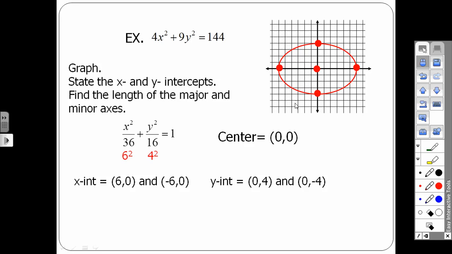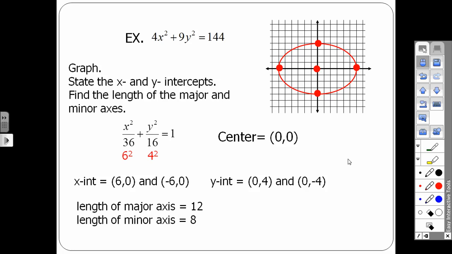Well, the major axis is the long one, obviously, and the minor axis will be the short one. To figure out these distances, you go from this point all the way to that point. Each of these was 6 units, so the major axis is going to be 12, and each of these is 4 units, so the minor axis will be 8. Fairly routine calculations.